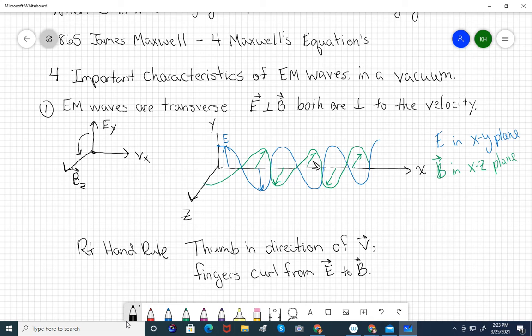But when E points down, your fingers curl to the negative z-axis. So when E points along the negative y, B points along the negative z. So that's one of our properties.